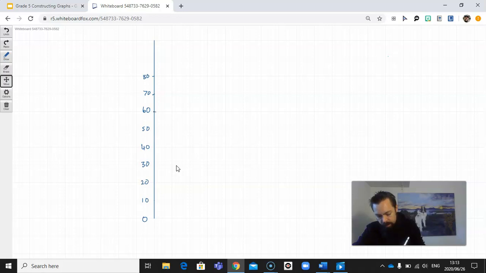And these are on those lines. I don't know how well you can see them on the screen. There are lines there. 90 and 100. And because I like to go a little bit further, I'm going to just quickly make my line a tiny bit longer and put an arrow on the top so that you can see it goes on, because the numbers can always get bigger and bigger.